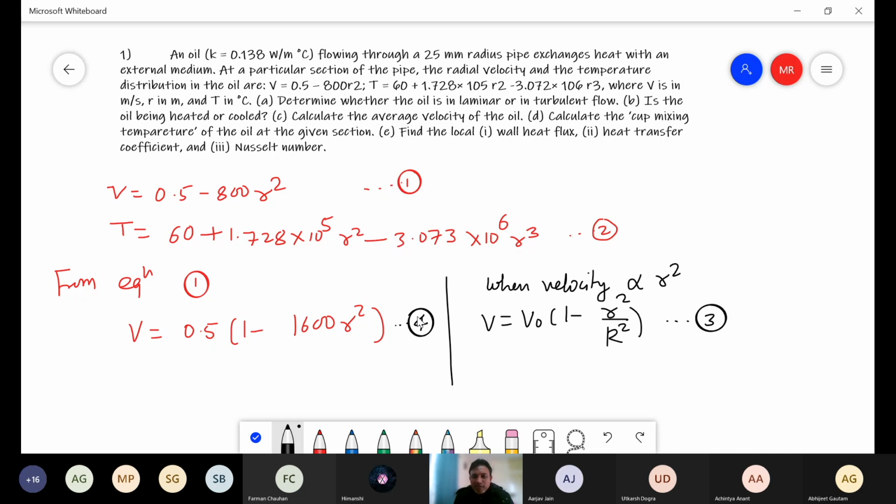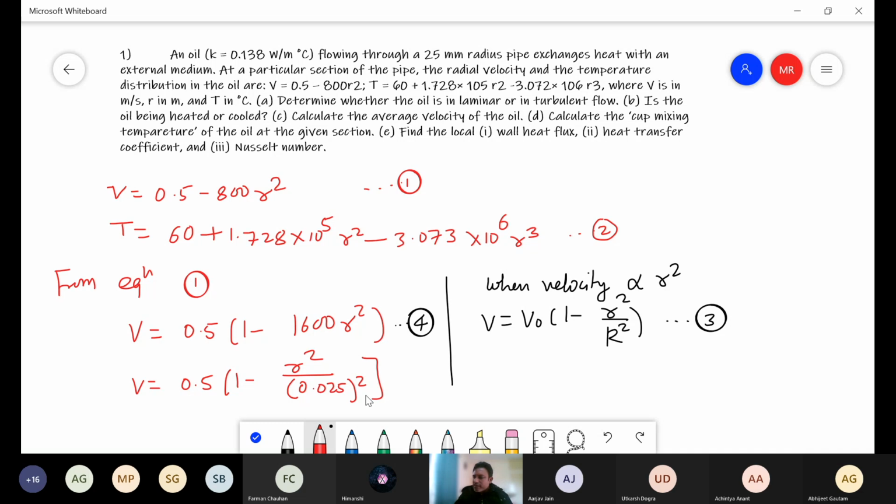Yes or no? So in this case, what is the radius given? 0.025, isn't it? So I can represent this equation as V equals 0.5 times 1 minus R divided by the radius, 0.025, whole square.